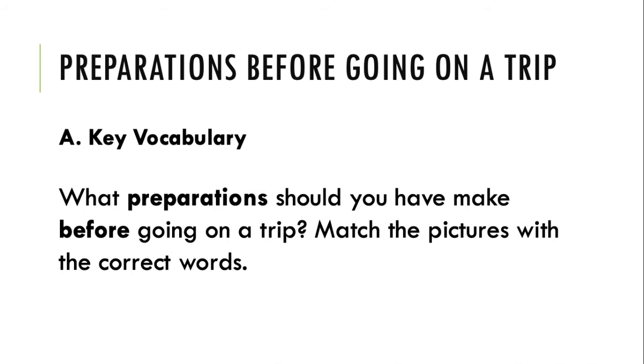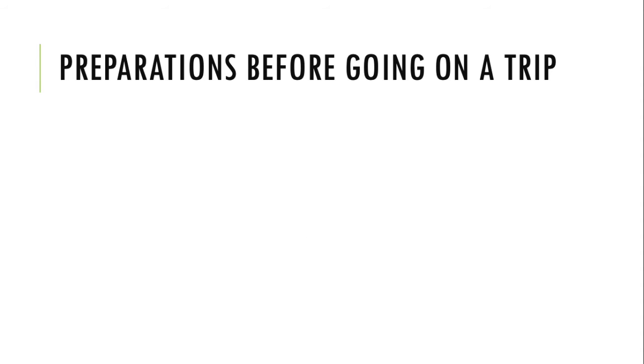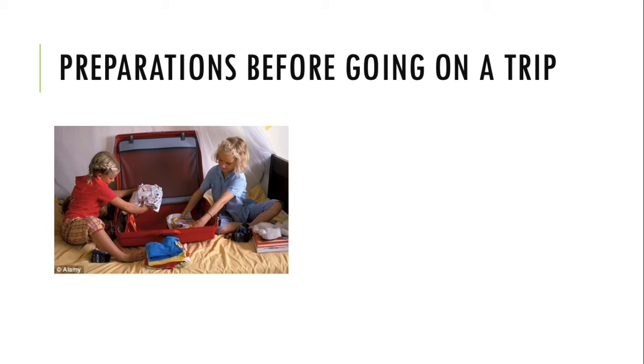Well, this brings us to our first activity on page 9. What are some things that we have to do in order to prepare ourselves for a trip? For activity A, please take out your rulers and try your best to match each picture with the correct words. Give it a try. Let's look at the first picture together. You can see here there are 2 girls sitting around something and they are putting some items inside this.